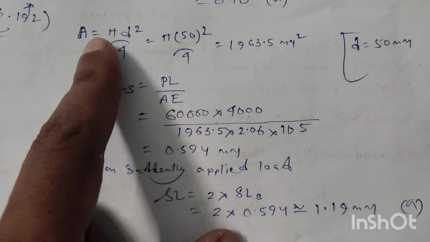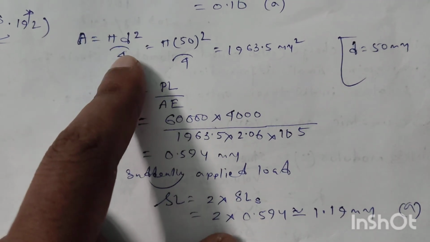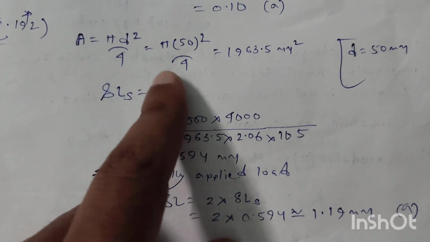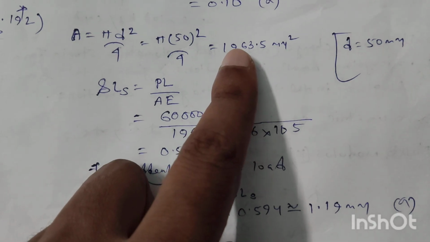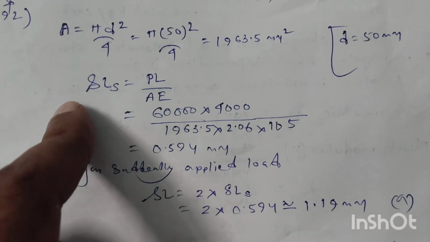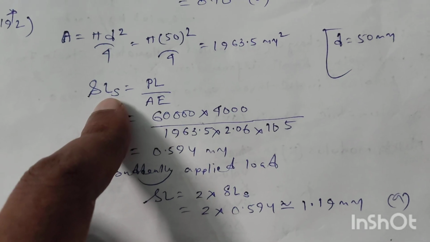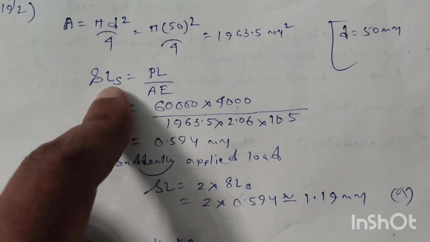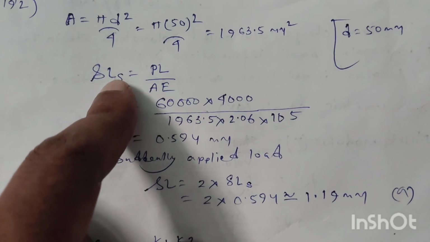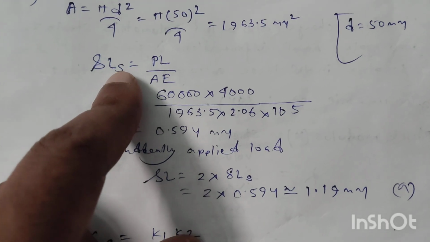So area will be equal to pi d square by 4 and the value will be equal to 1963.5 millimeter square. So the steel rod is subjected to a pull of 60 kilonewton and Young's modulus for the steel rod is equal to 2.06 into 10 to the power 5 Newton per millimeter square.